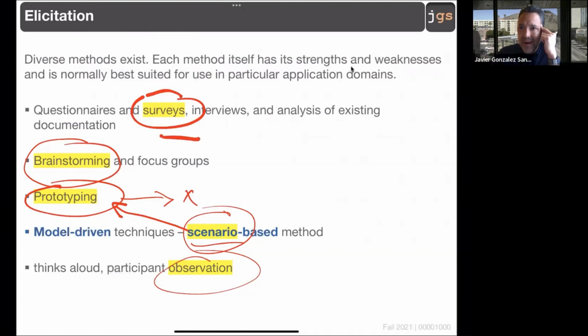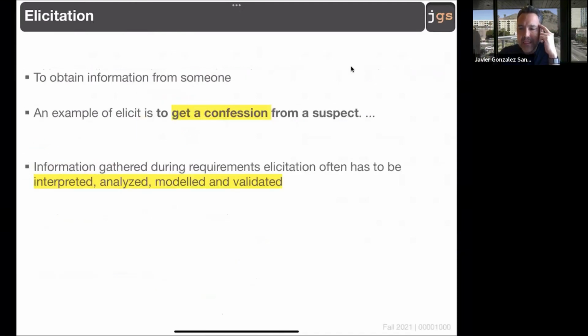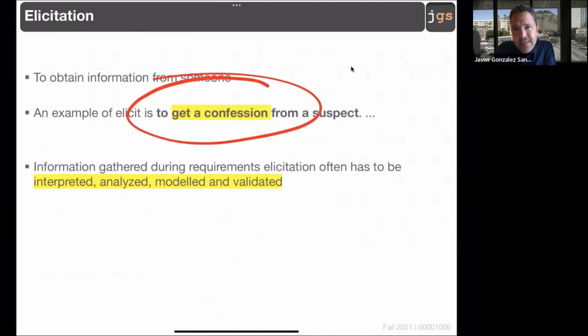Survey, brainstorming, observation, talk with the customer: a human-centered process. At the end, this is your goal. It's not just that I am talking with you, customer, and you tell me this, and I am just going to put in paper or in a contract whatever you told me.